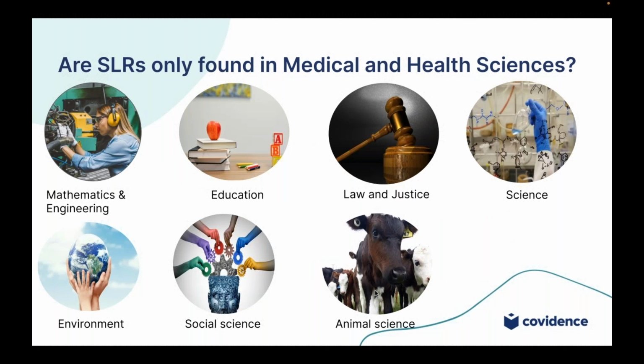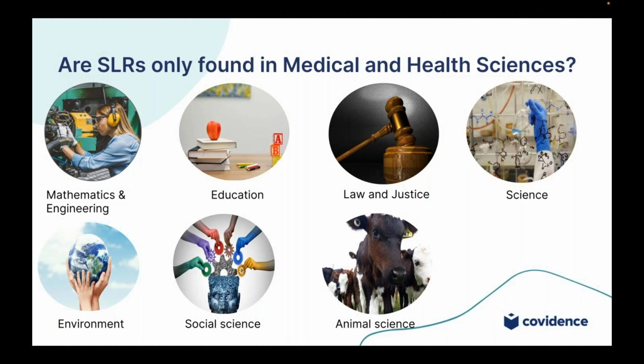And I found myself thinking, are systematic reviews only found in medical and health sciences? Well, the dominant field for systematic reviews has traditionally been within medical and health sciences, and it certainly remains that way at the moment.